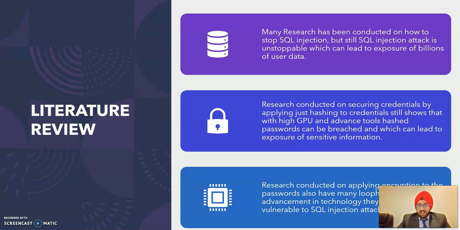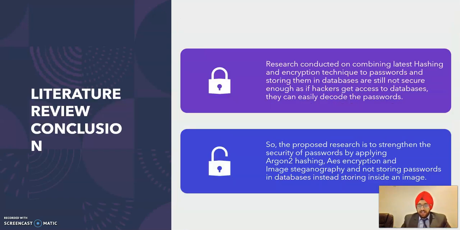After that, researchers also combined the latest hashing and encryption techniques to safeguard the password, but attackers are still using high techniques and highly computational power machines to crack these passwords.